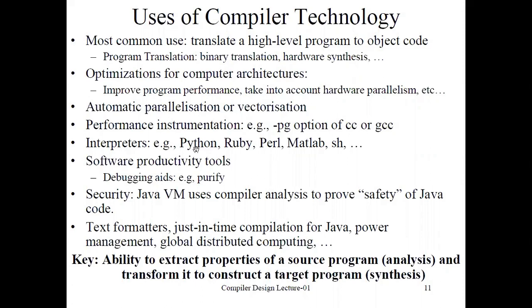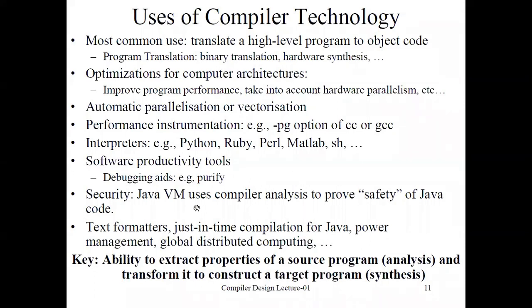Then interpreters like Python, Ruby, Perl, MATLAB, SH, etc. Then software productivity tools like debugging aids, for example Purify. Then security related tools like the Java Virtual Machine, which uses compiler analysis to prove safety of Java code. Then just-in-time compilation for Java, power management, global distributed computing.